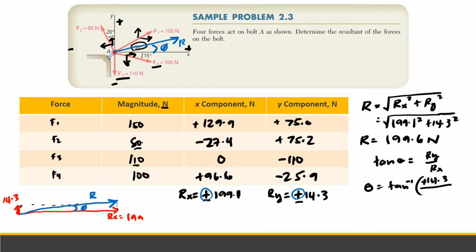We need to indicate the sign when solving for the direction. So that is positive, also positive 199.1. So our theta is equal to 4.1 degrees. So this is its direction.